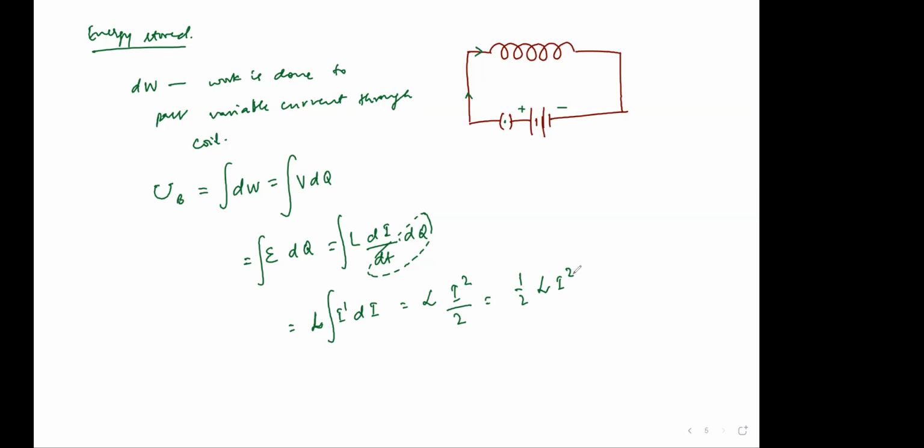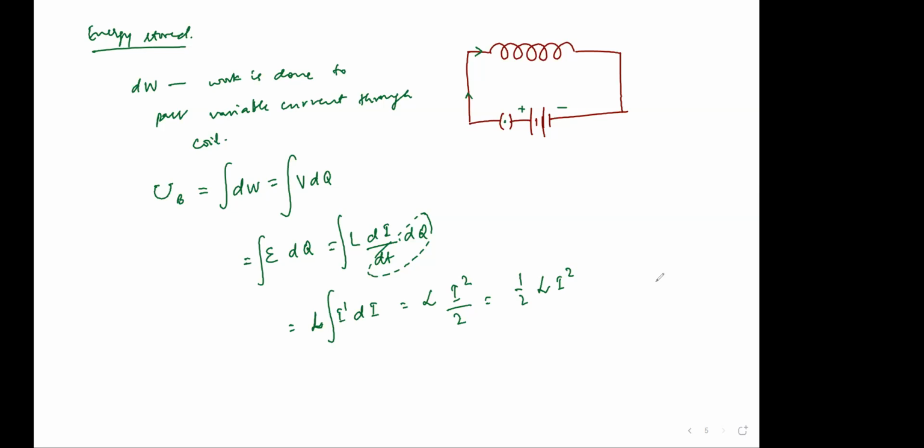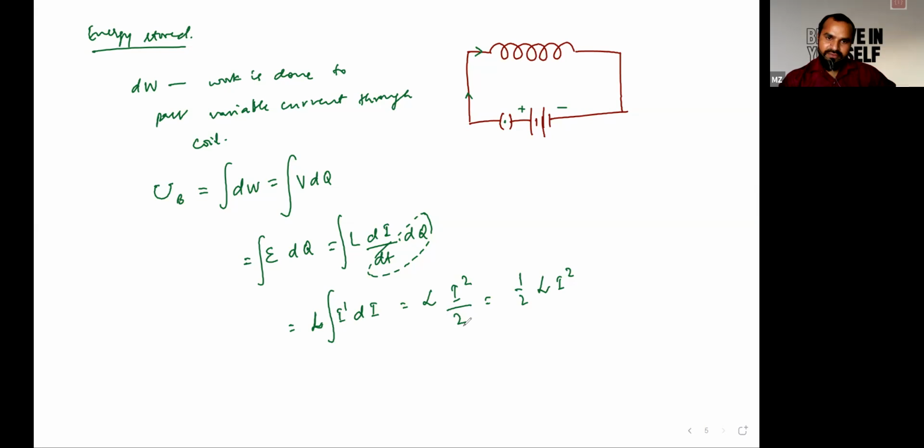Yes, sir. So how did half come? This half. You must know the rule of integration: the integral of x raised to the power n dx is x to the n plus 1 divided by n plus 1.